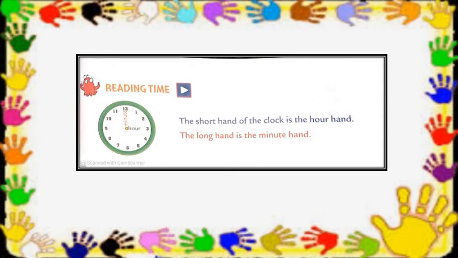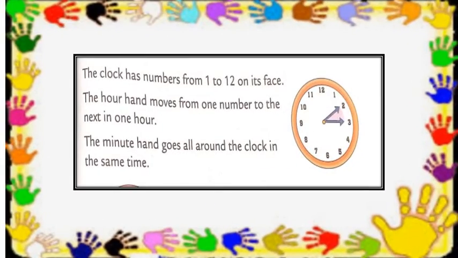Now look here carefully, my dear students. The short end of the clock is the hour hand. The long hand is the minute hand. The clock has numbers from 1 to 12 on its face.